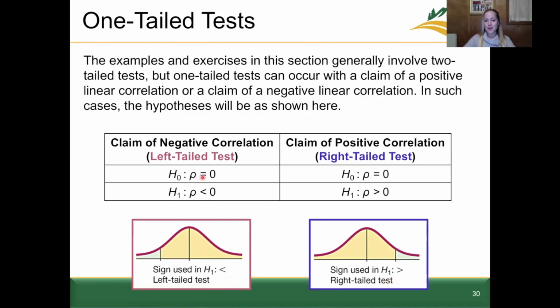Therefore, the null hypothesis is still that rho is equal to 0. But if we have a claim of a negative correlation, our alternative hypothesis is that rho is less than 0. On the other hand, if we have a claim of a positive correlation, our alternative hypothesis is that rho is greater than 0. We are at the end now of 10.1.